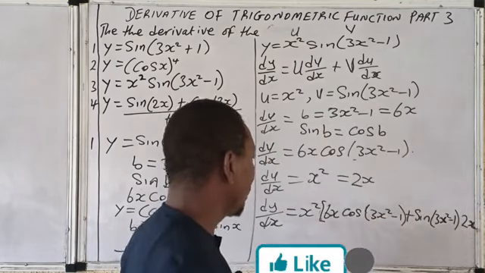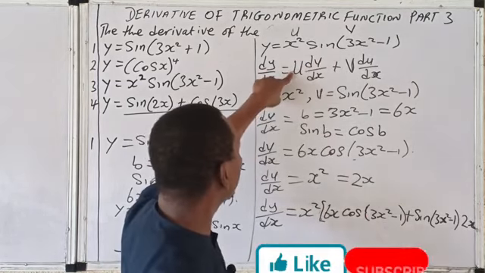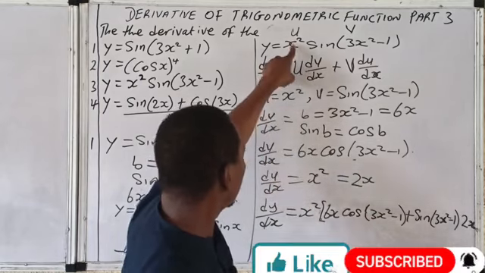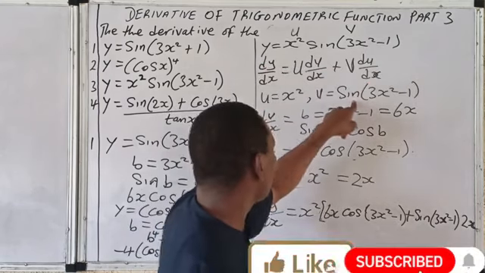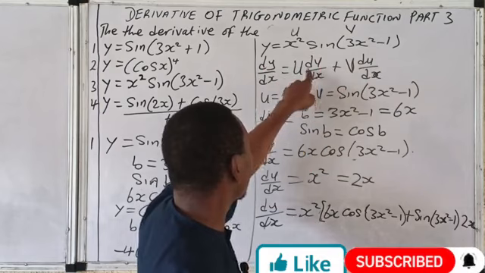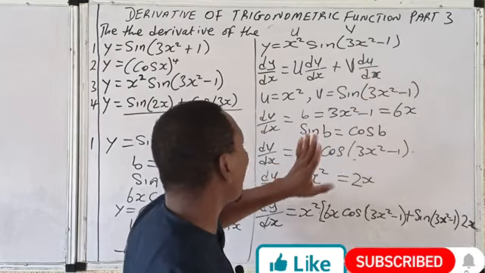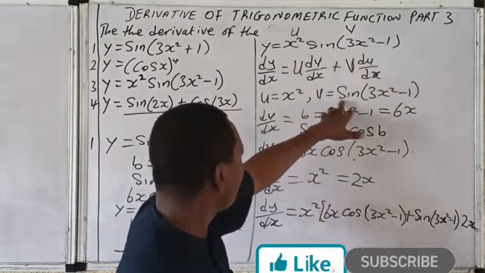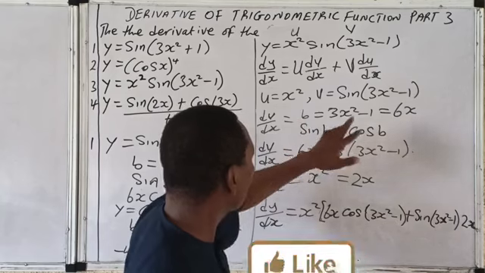What I did here, don't get confused, is this formula. I first picked u, which is this, it's in the question. I picked v. v is this, it's in the question. dv/dx, I'm asked to differentiate this. I use my normal chain rule. So this is v. Listen again, what I did is simple.